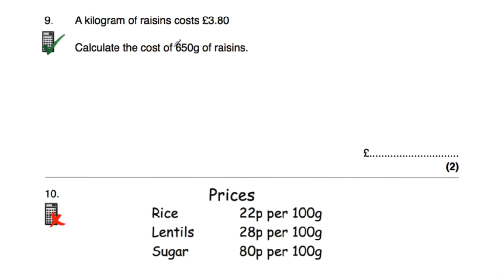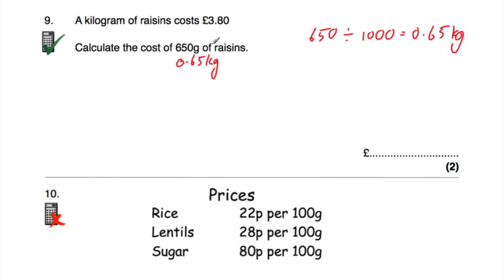I'm going to change the 650 grams into kilograms. So to convert from grams into kilograms, we divide by 1,000. So 650 divided by 1,000 is equal to 0.65 kilograms. So that means that 650 grams is 0.65 kilograms.